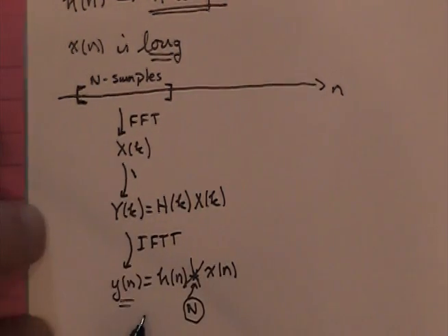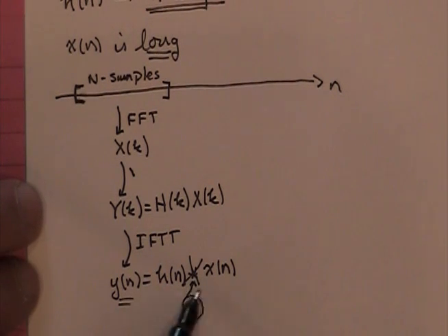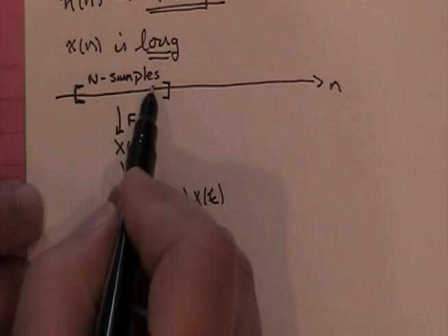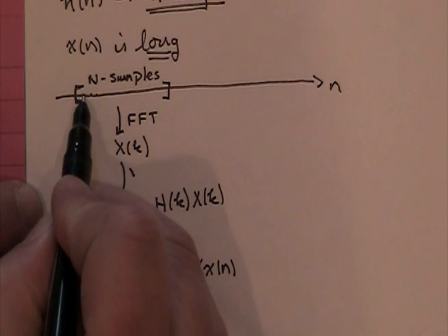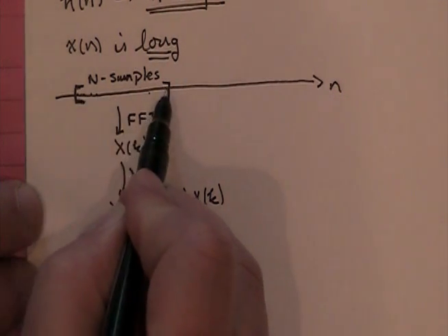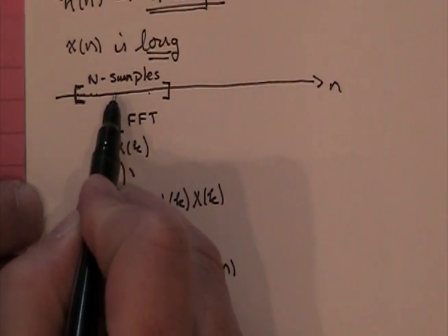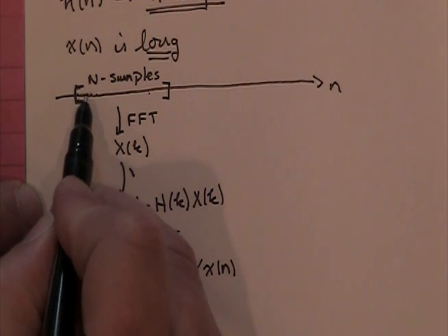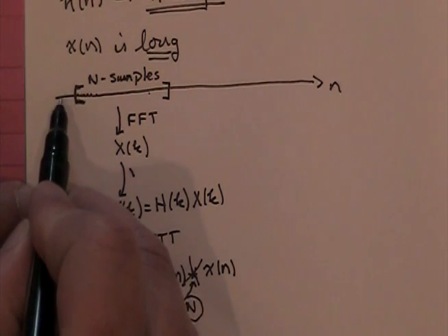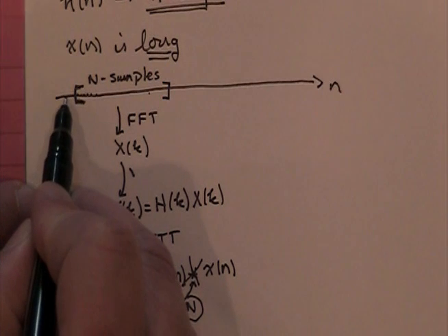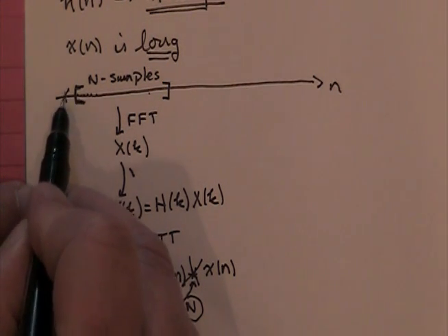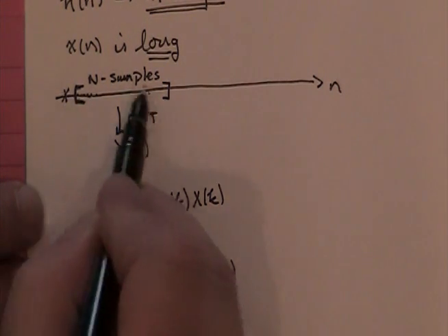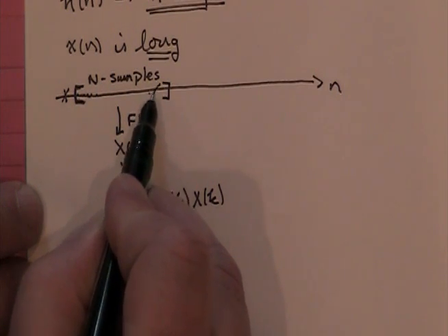And the key here is that what I end up actually calculating is a circular convolution. That means when I index into this array x of n, I'm always going to take the index modulo the number of samples. So if I need an index for x of n that's outside of the block of samples I use in the FFT, the sample value I would use is actually taken from the other side of the array, right?